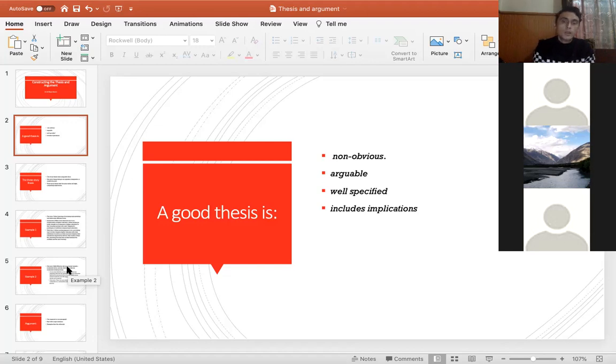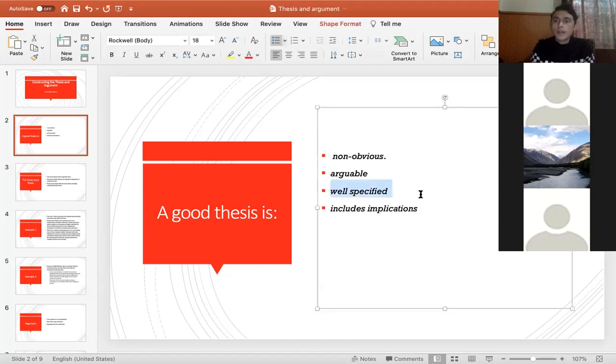And then your thesis statement should be well specified. That is, it should be specific to one particular topic. In your case, when you write your argument analysis paper, you will write a thesis statement on a topic which of course is arguable, but at the same time, specific. In your case, it will be specific anyway, because I'm already asking you to choose two editorials on one and the same topic.